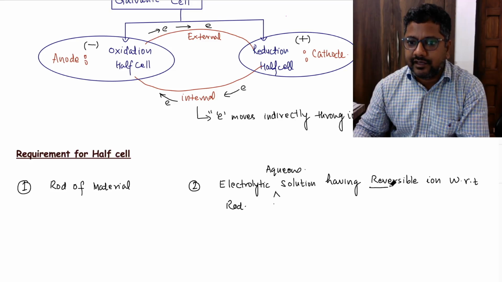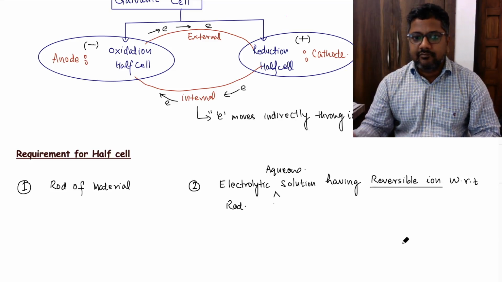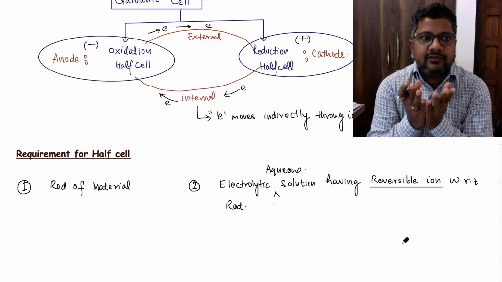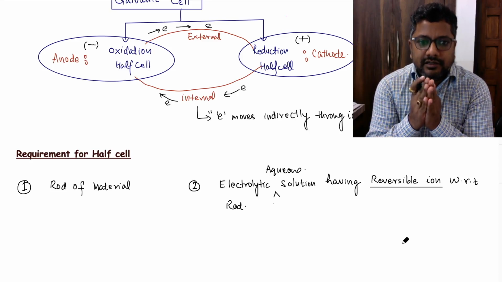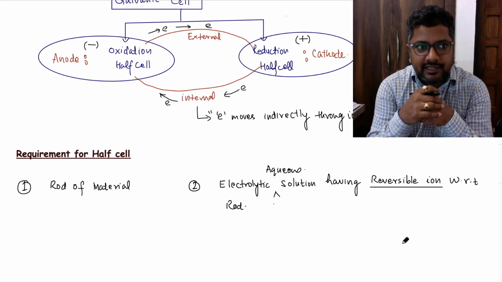This is a very important keyword throughout this chapter. There must be some reversible ion with respect to the rod. Suppose you have a zinc rod, then you have to have an electrolytic solution having zinc ion.